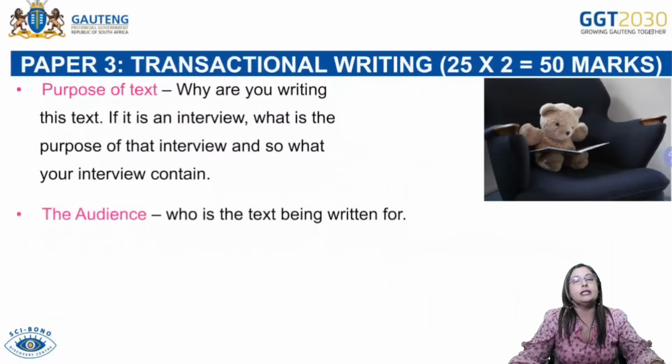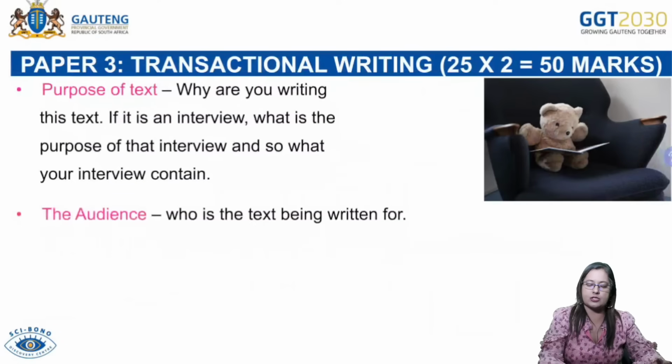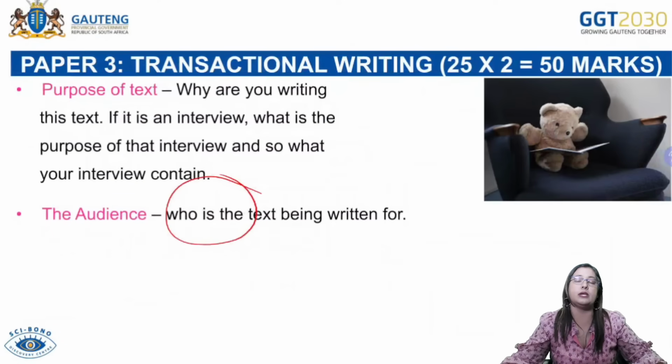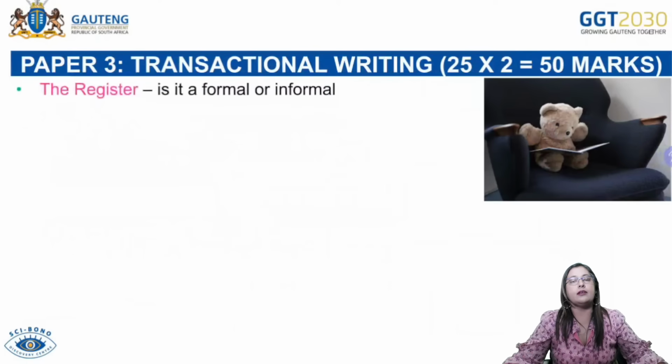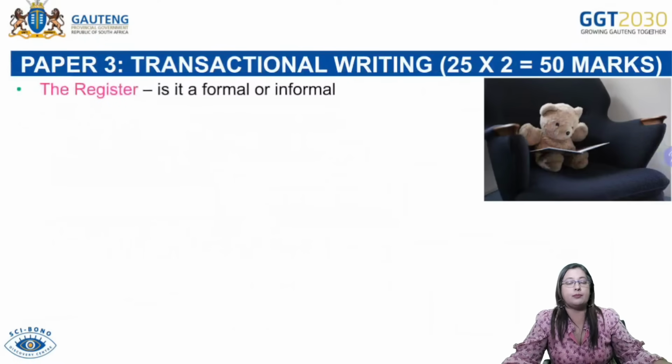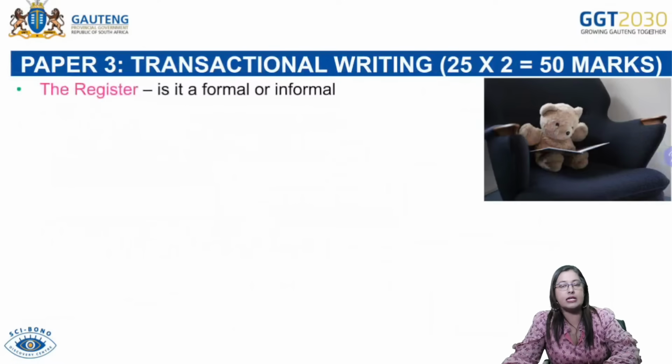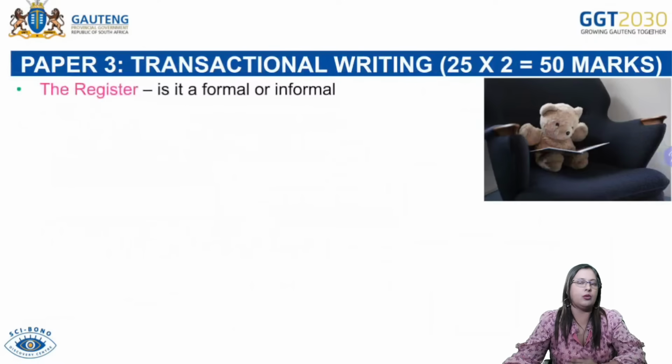All right, the audience is very important. So firstly the purpose and then the audience. The audience is obviously who is the text being written for, that you must take note of. All right, and then crucial is the register. Is this now going to be an informal letter, for example, or a formal letter or a formal email? All of those things you've got to be knowing.